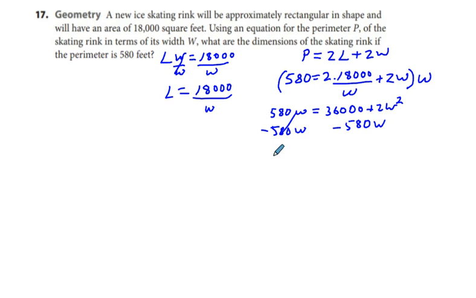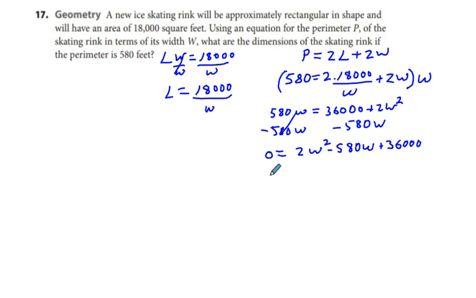So we have 0 is equal to 2W squared minus 580W plus 36,000. Now what do you notice here?